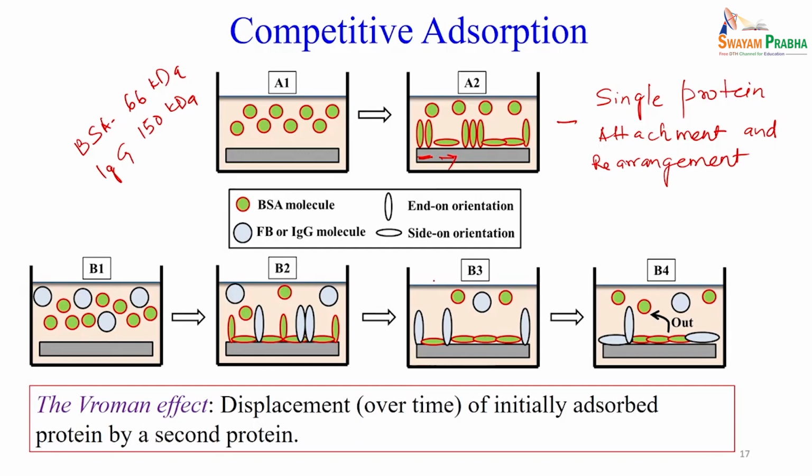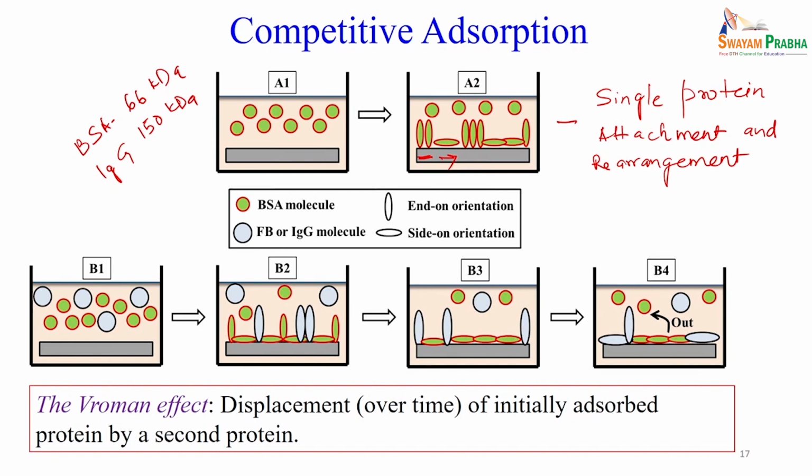So, here you can see all the end-on oriented BSA molecules are replaced by the bigger protein molecule, either fibrinogen or IgG, and further again there will be rearrangement of that larger protein molecule as well.